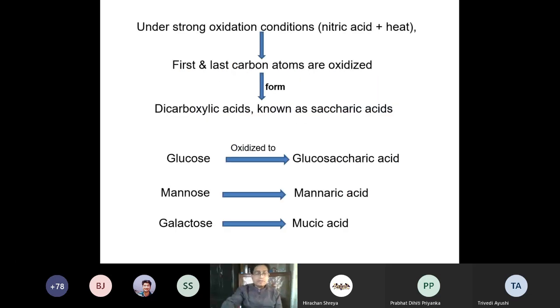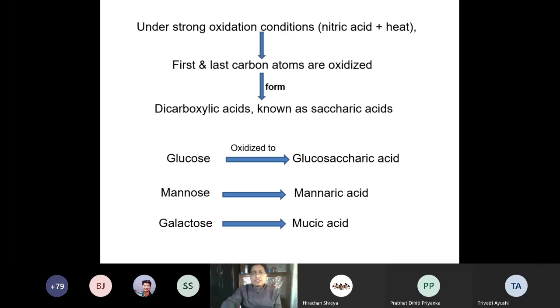Now others. Under strong oxidation conditions, with nitric acid and heat, no need to remember the chemicals here, but you have to know that both the first and last carbons are oxidized, forming dicarboxylic acids, and these are known as saccharic acids. Glucose is oxidized to glucosaccharic acid, mannose to mannosaccharic acid.